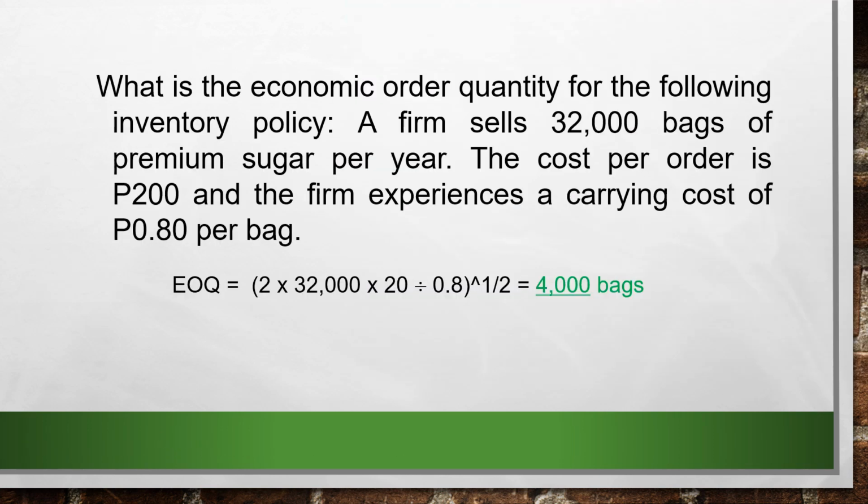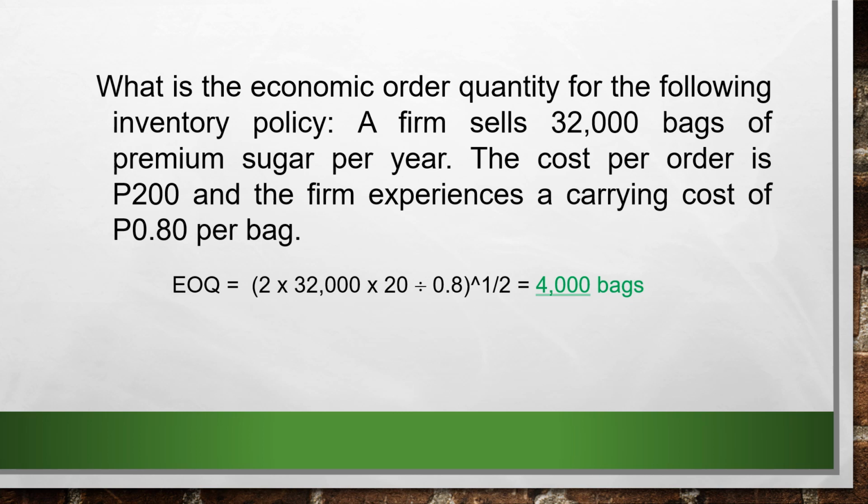Let's try to solve this problem. What is the economic order quantity for the following inventory policy? A firm sells 32,000 bags of premium sugar per year. The cost per order is 200 and the firm experiences a carrying cost of 0.80 per bag. So we have a demand of 32,000, order cost of 200, and carrying cost of 0.80 per bag.